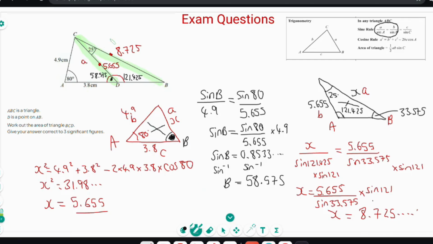So let's call this A and B. So half times 5.655 times 8.725 times sine 25 will give our area, which is 10.42 to 3 significant figures.